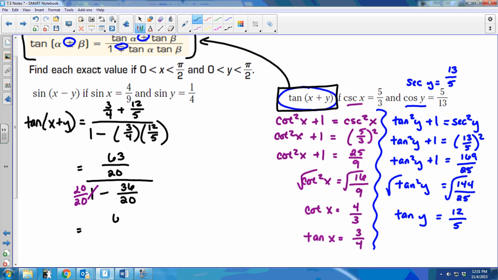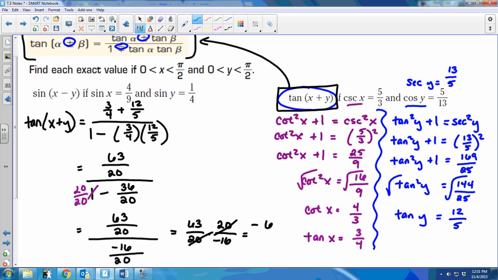So you get negative 16 over 20 in the denominator, because 20 minus 36 is negative 16. If you're dividing fractions, you just multiply by the reciprocal. So you get negative 63 over 16.